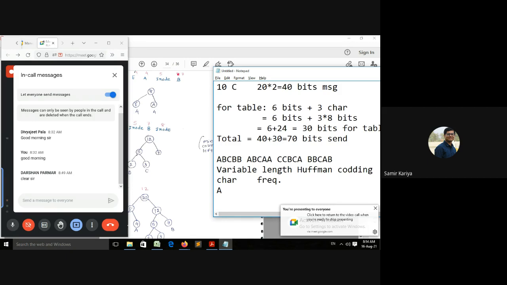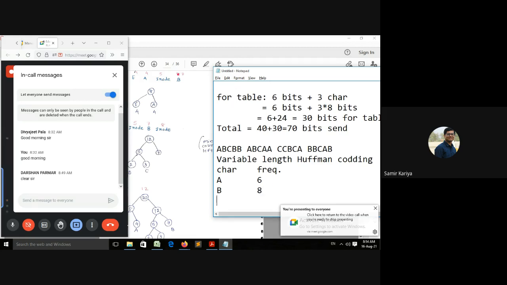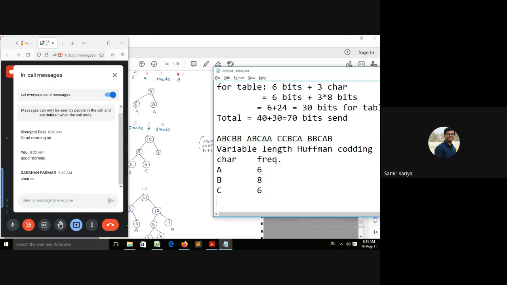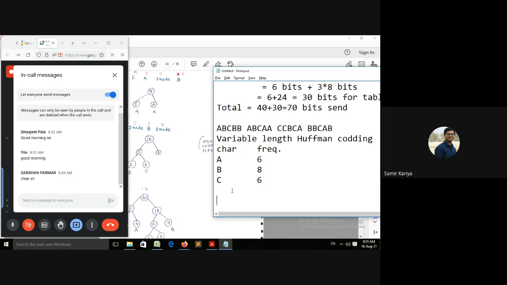Capital A is 6. Then capital B, 1, 2, 3, 4, 5, 5 plus 3, 8. Capital C, 1, 2, 5, and again 6. Now simply write in ascending order and make the tree.